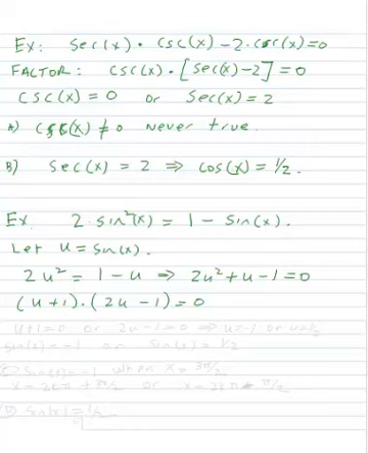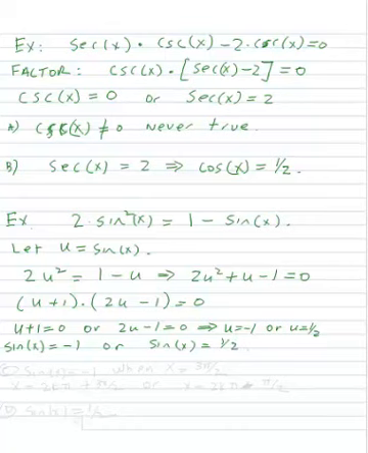And now once again we use that zero product rule that tells us either u plus 1 is equal to 0 or 2u minus 1 is equal to 0, which gives us u is equal to -1 or u is equal to 1/2. And again we produce two sets of equations. Well, we reintroduce our substituted variable, and we have the sine of x is -1, or the sine of x is 1/2.